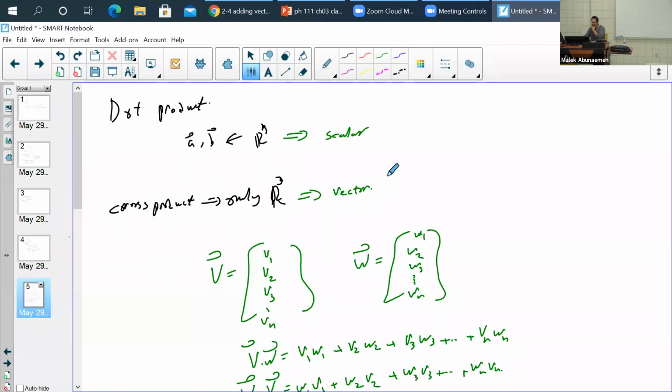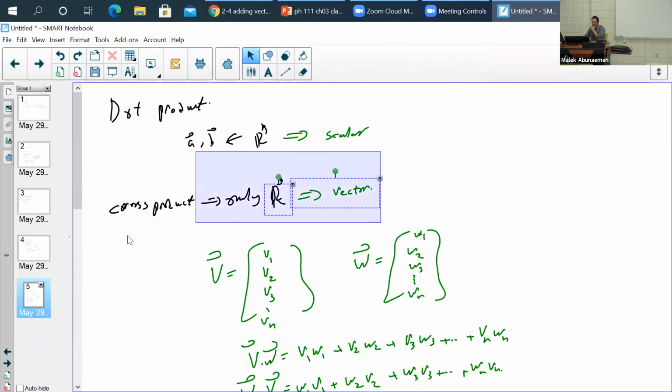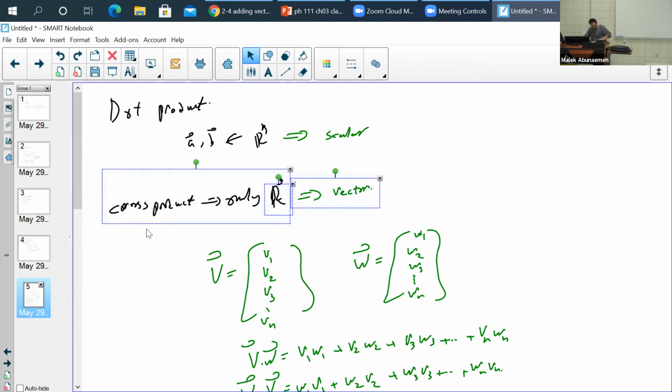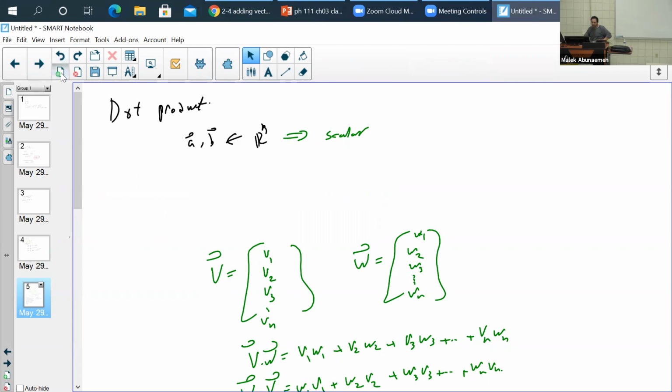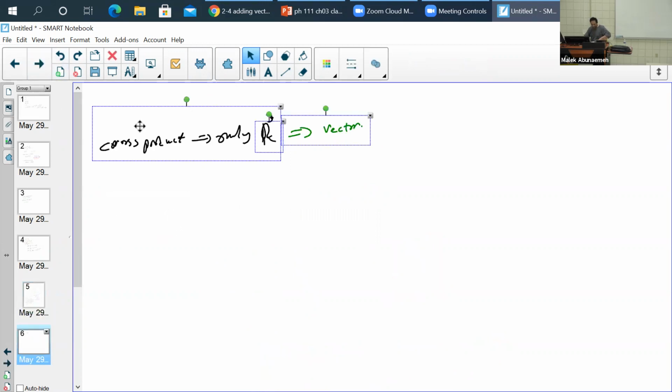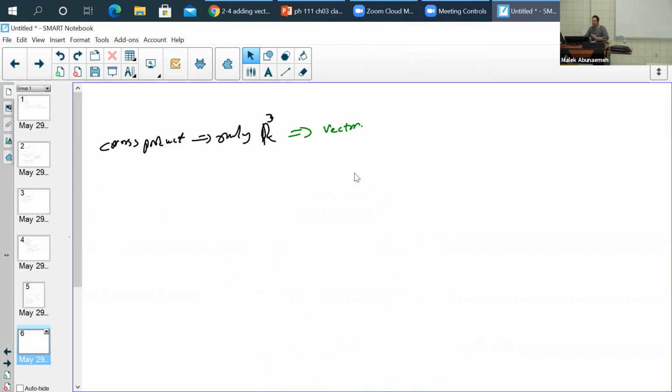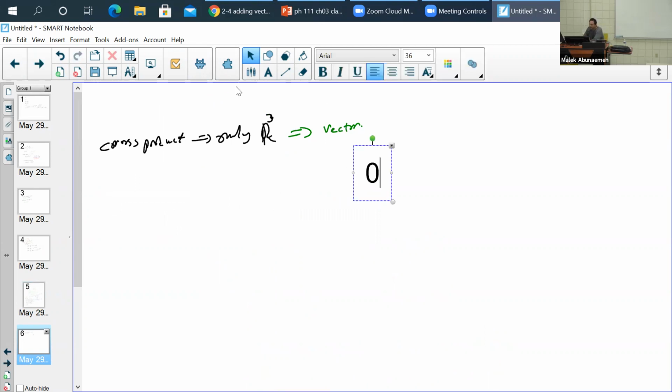Now let's go with the cross product. So the cross product, we said, only goes in 3 dimensions, and the answer is always going to be a vector. So what does that mean?